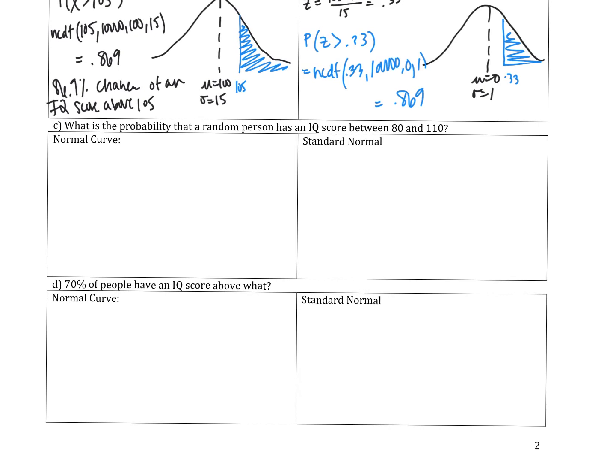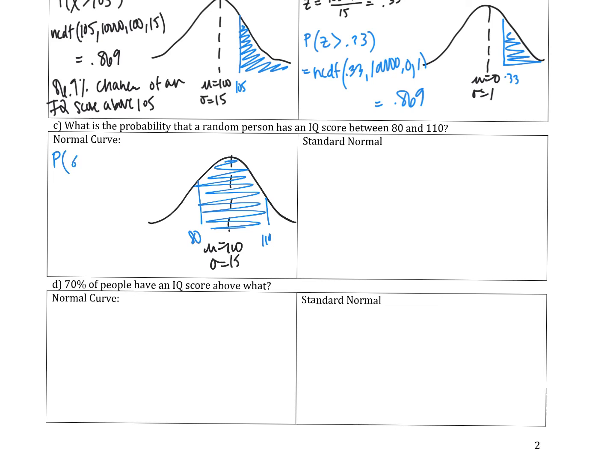What is the probability that a random person has an IQ score between 80 and 110? All right, so let's sketch this. I don't like that. I'm redoing it. Okay, so I've got a mean of 100, a standard deviation of 15, and I want to know the probability of being between 80 and 110. So I want this area in between.